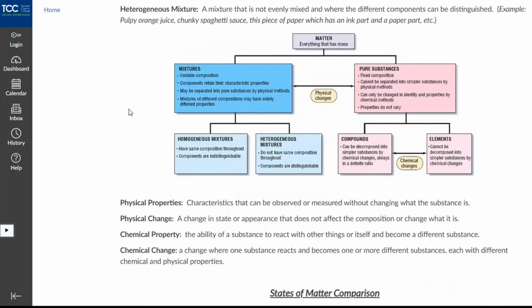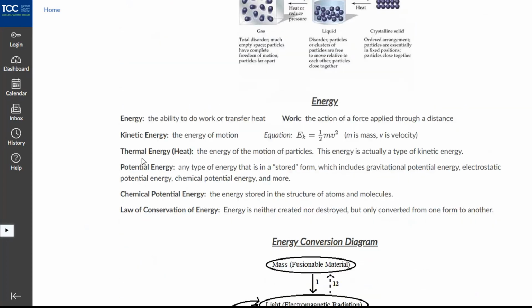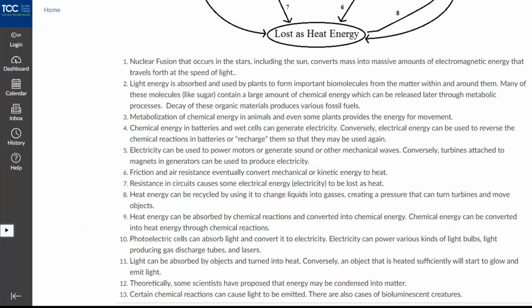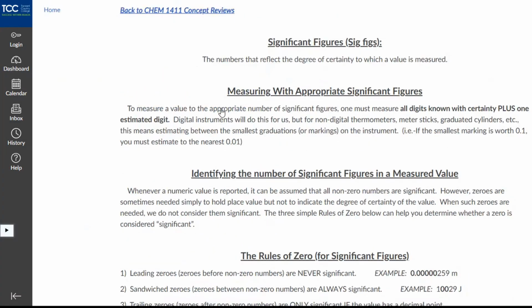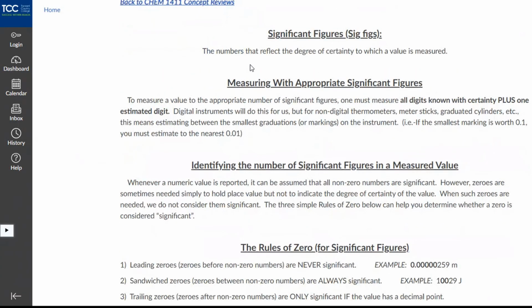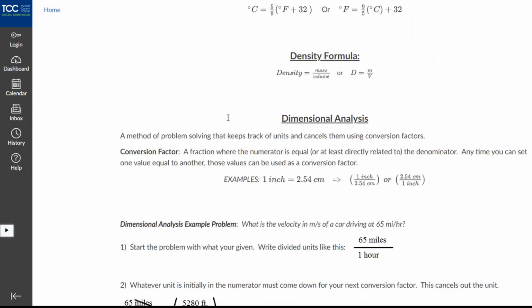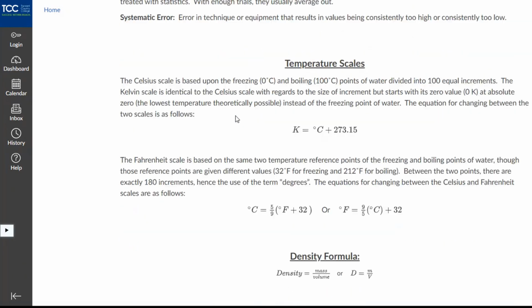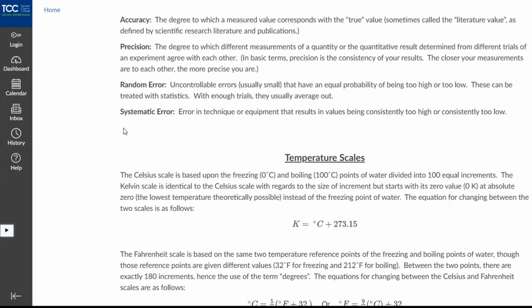What's homogeneous versus heterogeneous? What are physical properties or chemical properties? What are the different types of energy? What are significant figures? What is accuracy versus precision? What is random versus systematic error?